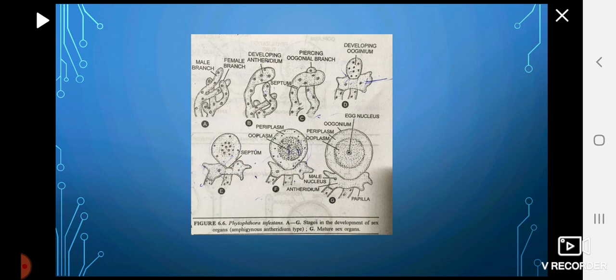Now after the fusion of the nuclei, the oospore is developed. Now it undergoes a period of rest. Now the oospore develops its own cell wall and lies freely in the oogonial wall. It is called aplerotic. In some species, the oospore completely fills the cavity of the oogonium.